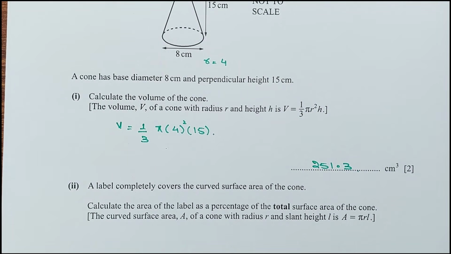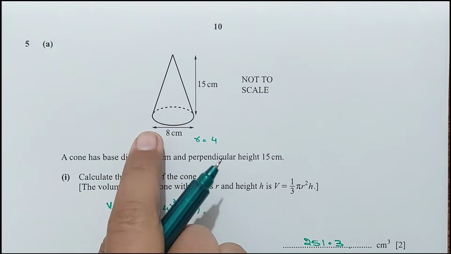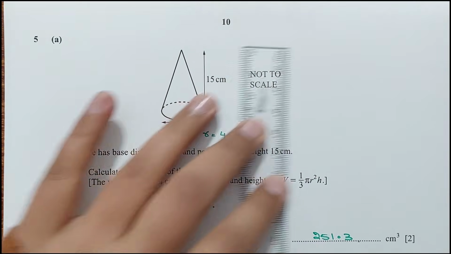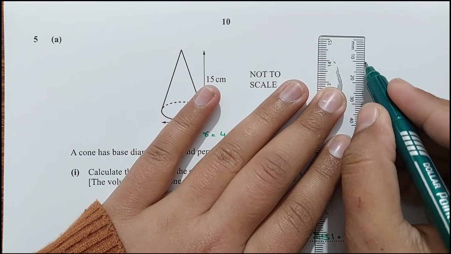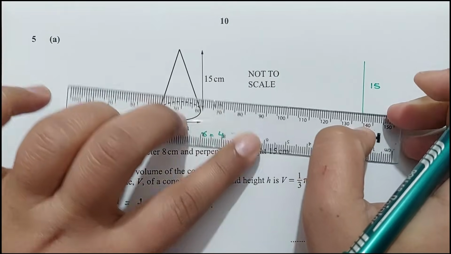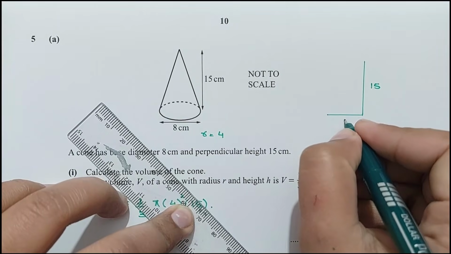So area of a label as a percentage of total surface area, right? So for this we have to solve for L, right? Okay, let me draw the triangle here. So this length is 15, right? And the radius is 4.